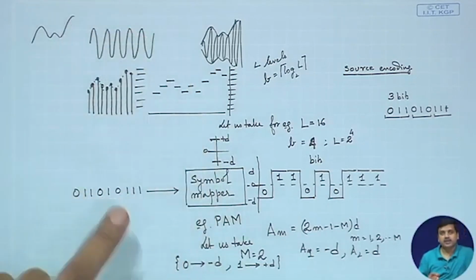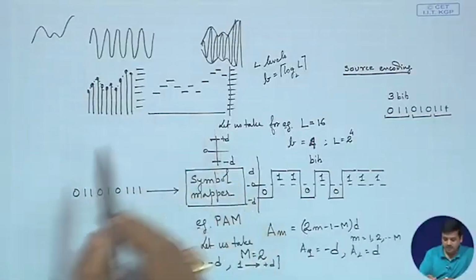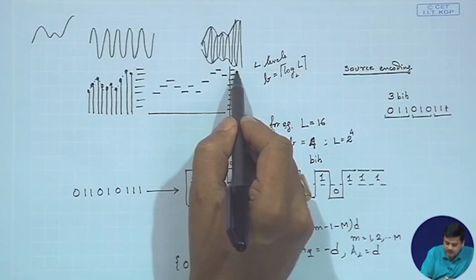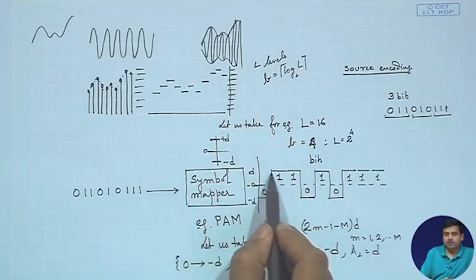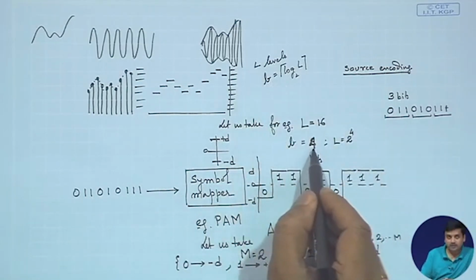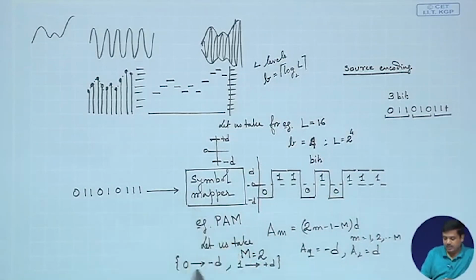Not in an exact sense, of course. These bit streams are generated because of these levels, but these levels do not map to these levels, because clearly you can see that we have used b bits over here and we have taken the example where it is 4 bits, whereas this symbol mapper is taking 1 bit at a time.